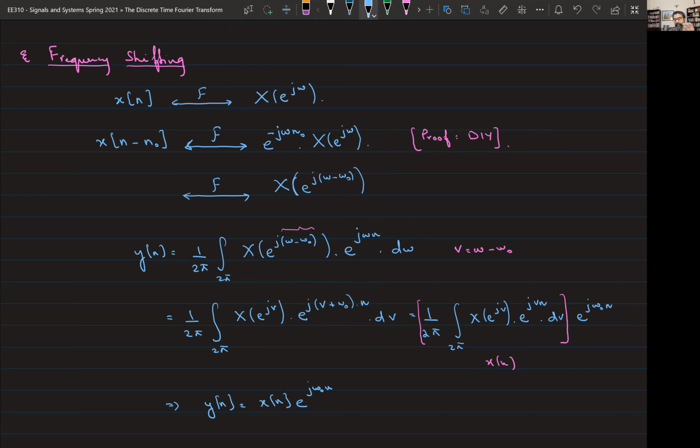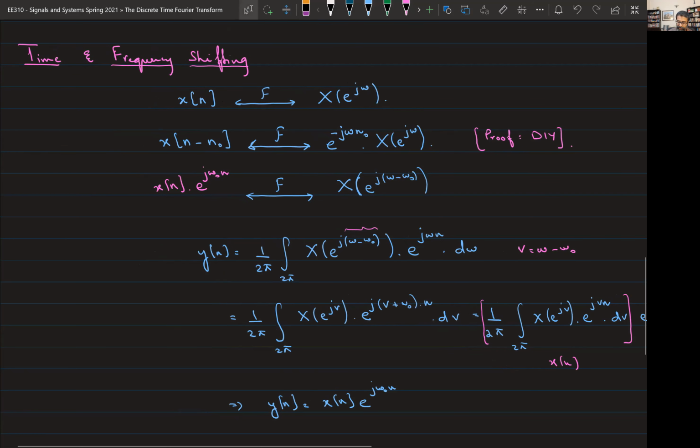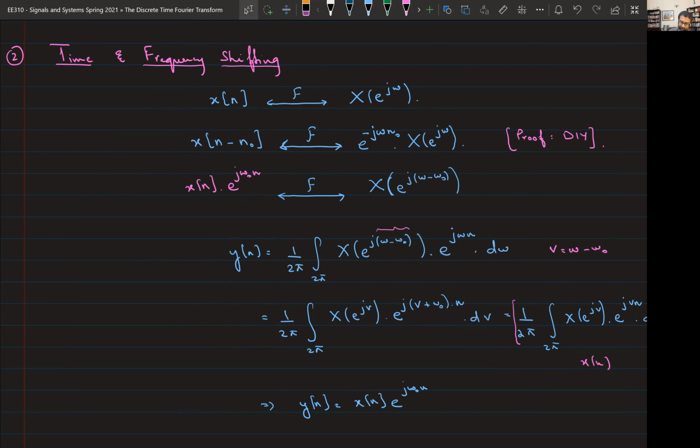Shifting in the time domain is multiplication with an exponential in the frequency domain, and shifting in the frequency domain should be multiplication with an exponential in the time domain, because of that inherent duality that we're familiar with. So the answer here, let me fill in the blank, is x of n times e raised to the power j omega naught n. So let's see an implication of this, in particular the frequency shifting property.